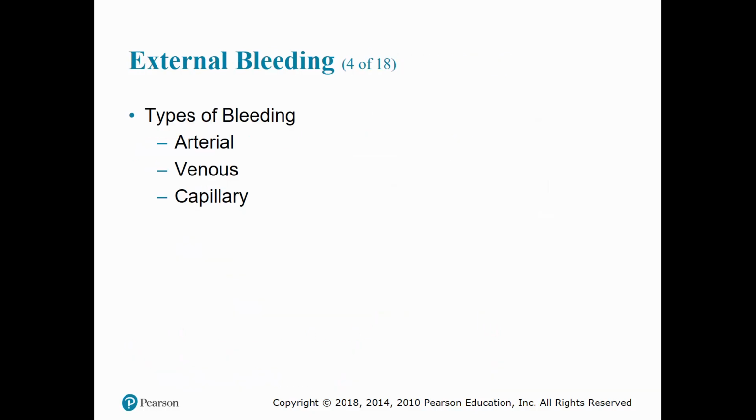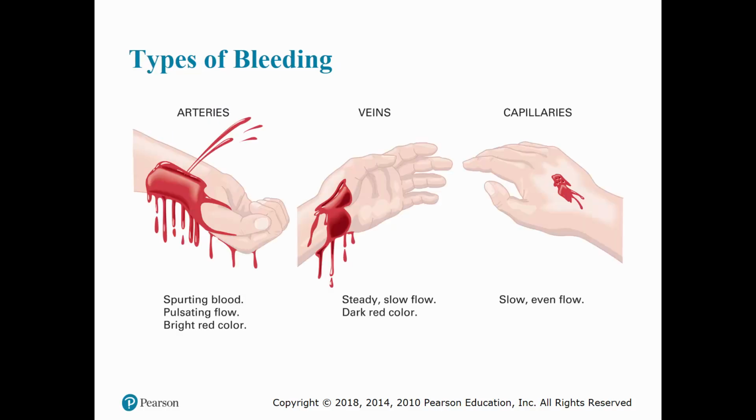There are also various types of bleeding, depending on whether it's arterial, venous, or capillary. With an arterial bleed, you'll see bright red spurting blood from a wound, usually indicating a severed or damaged artery. It'll be pulsating with the beat. With a venous bleed, it'll be a darkish reddish color because this blood is deoxygenated.